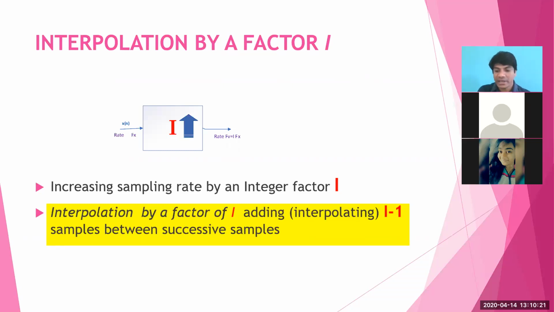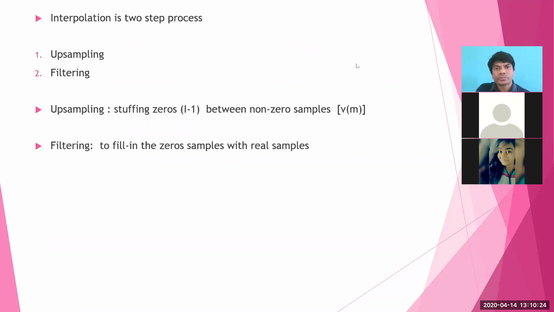Now we will see in the next slide. Interpolation is basically a two-step process. First we have upsampling. When we say upsampling, it is stuffing zeros. Upsampling is just stuffing zeros between successive samples, whereas the next job is that whatever zeros we have stuffed between those samples need to be converted into real samples.